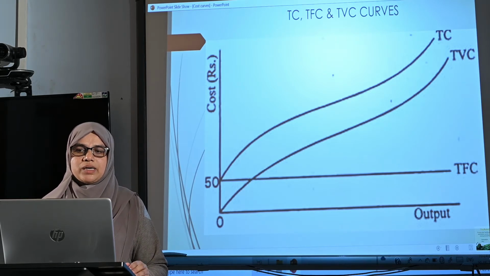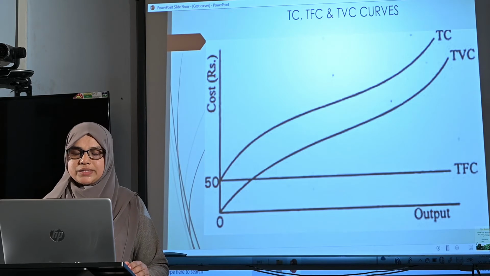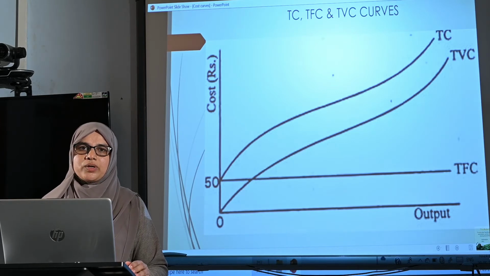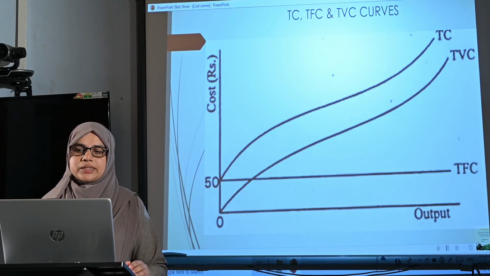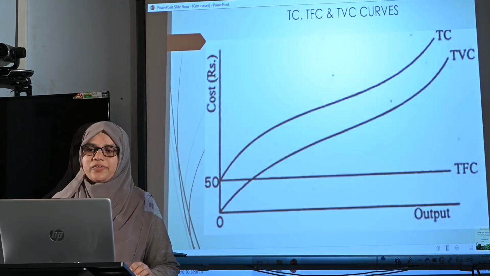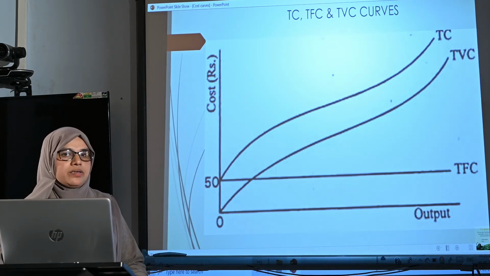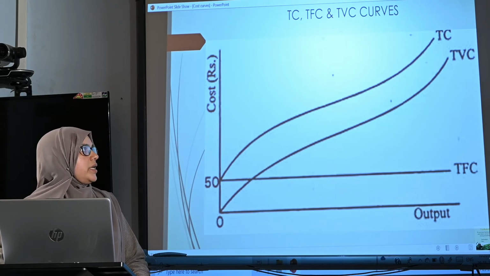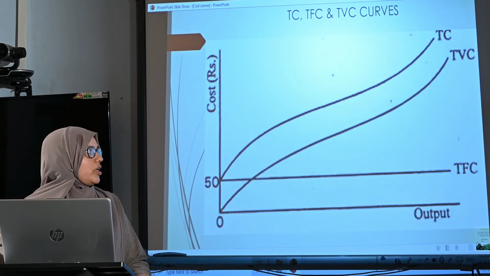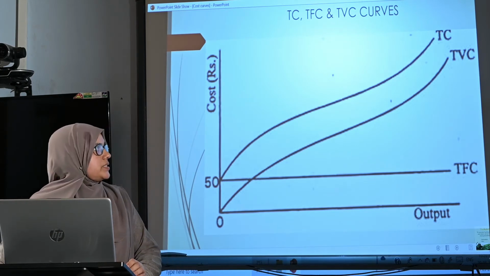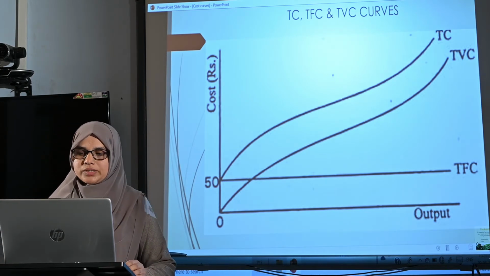And TC, the sum of TVC and TFC, also has the same shape as TVC, because as the output increases, TC and TVC increase by the same amount. At first, TC and TVC increase at an increasing rate, then increase at a diminishing rate, reflecting the law of variable proportion. Now, the vertical distance between TC and TVC is total fixed cost.